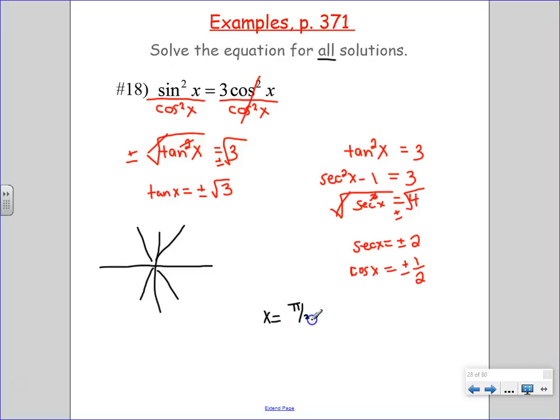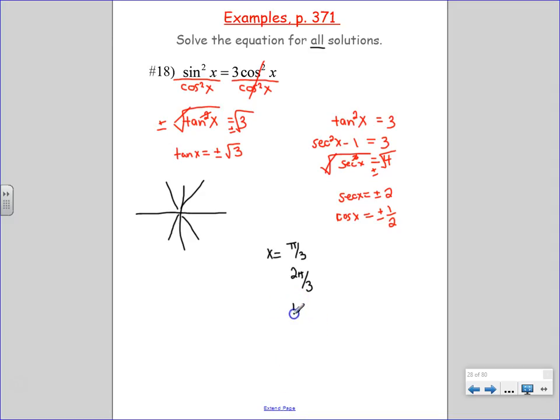4. We're going to have pi over 3. I'm just going positively. Is that okay? It's easier. 2 pi over 3. 3 pi over 3. No. 4 pi over 3. Remember, 3 pi over 3 is pi. What's the last one? 1 pi over 3, 2, 3, 4, 5. 5 pi over 3.